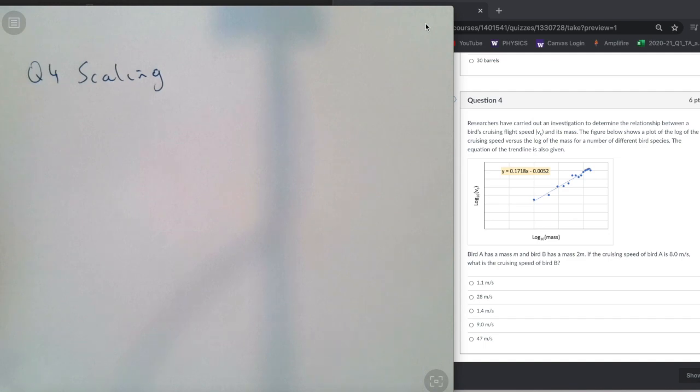This time we're looking at a bird's cruising flight speed versus its mass. There is a scaling relationship that has been measured, and it's about a sixth. So the cruising speed scales with mass to about the 1/6 power, which is about that 0.17. That's what we can tell from this graph.